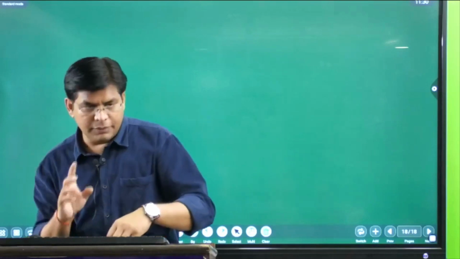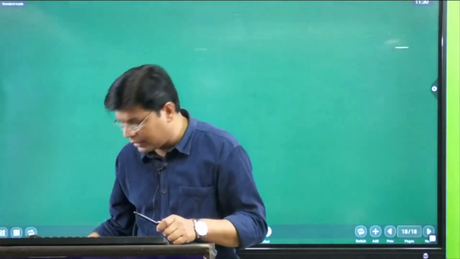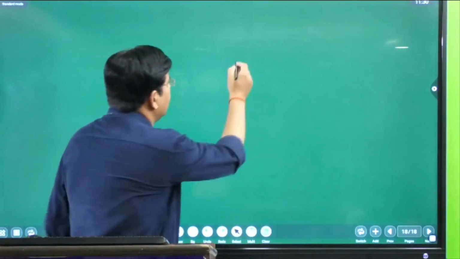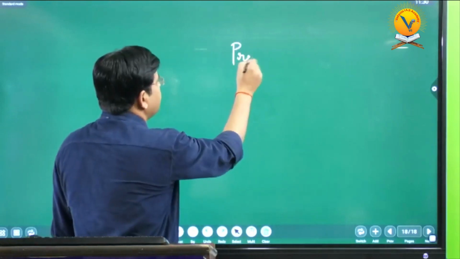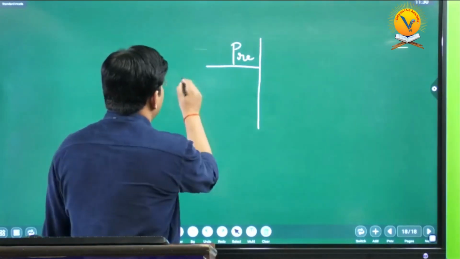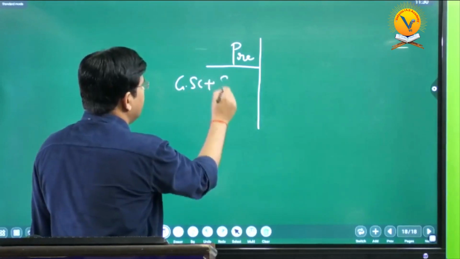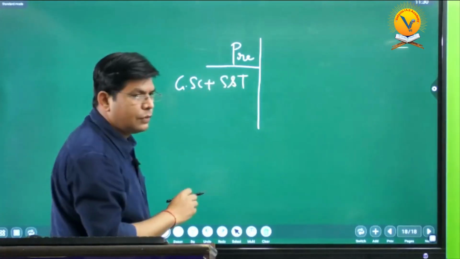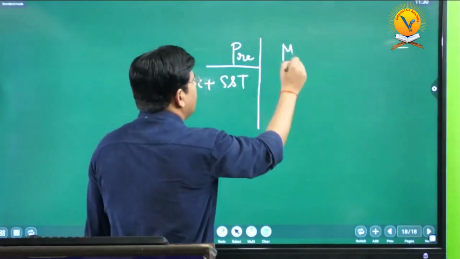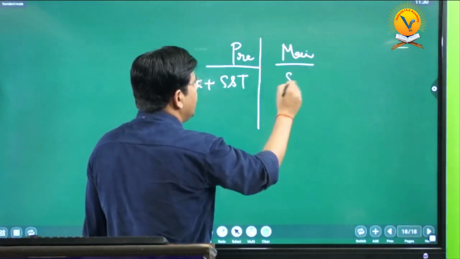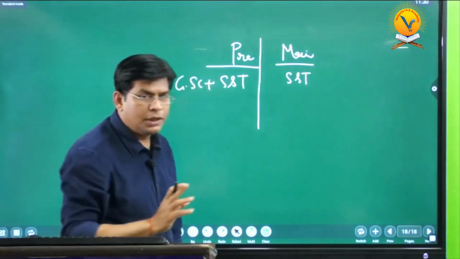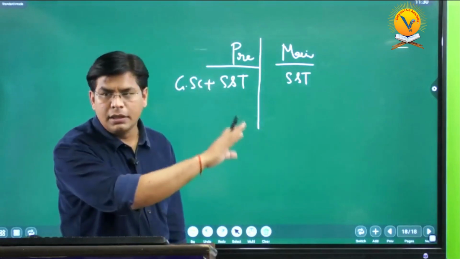Now, I am just giving you one idea regarding general science as well. In the present pattern, in the prelims, it is both general science and science and technology. And in the mains pattern, it is only science and technology. General science is not there in the main syllabus.